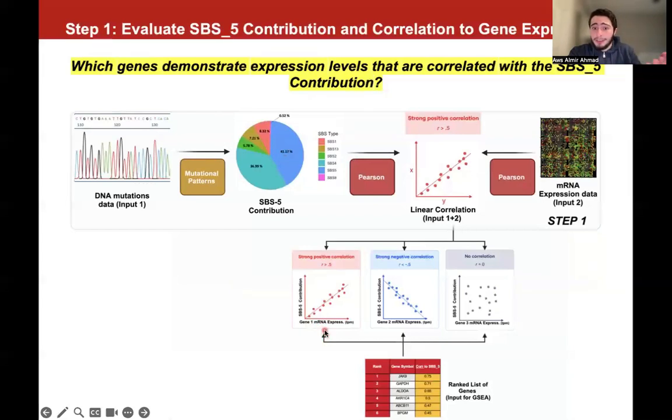Is the expression level positively correlated, negatively correlated, or not correlated at all? And essentially, after obtaining those correlation values, we will be ranking them in a list from the most positively correlated to SBS5 to the most negatively correlated to SBS5.